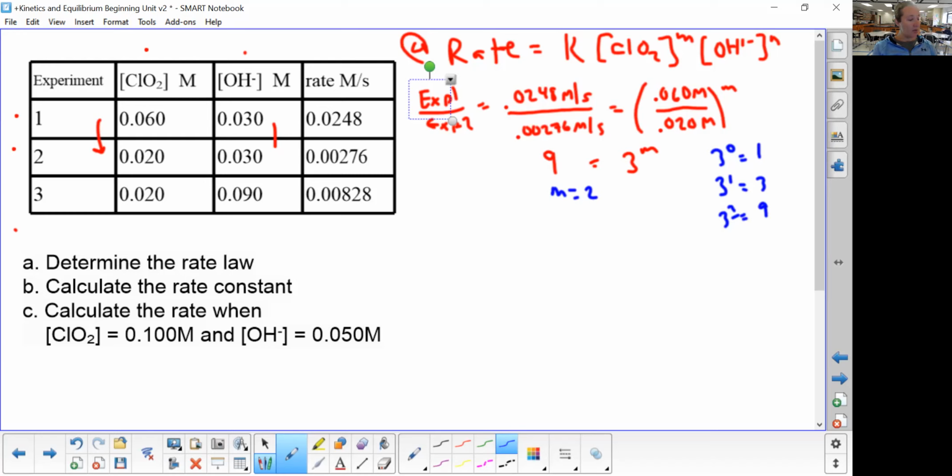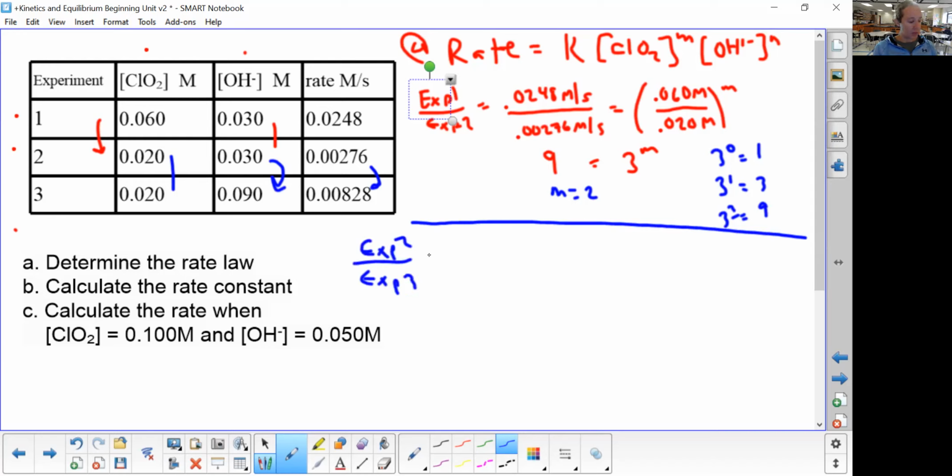Now we have to figure out what n is, with the change in concentration of the hydroxide. If we look at experiment 2 to 3, the chlorine dioxide is staying constant, and the hydroxide concentration is tripling. Let's see what happens to the rate. I'm just going to put experiment 2 over experiment 3. I'll put the smaller one on top just so you can see that it doesn't matter. You just have to think through it a little bit.